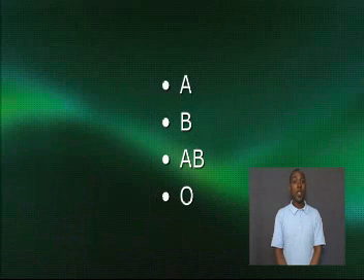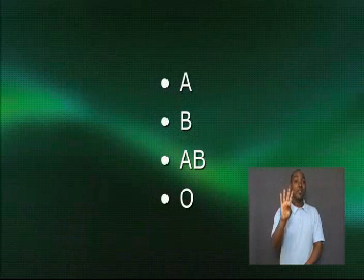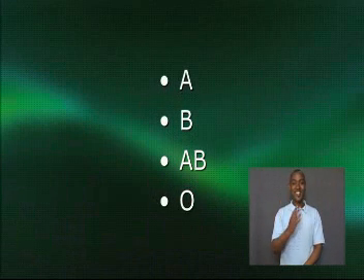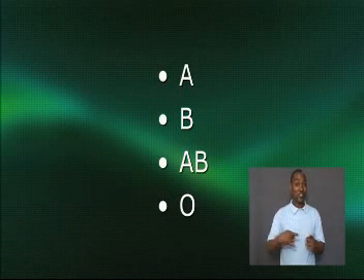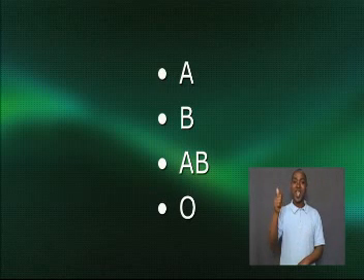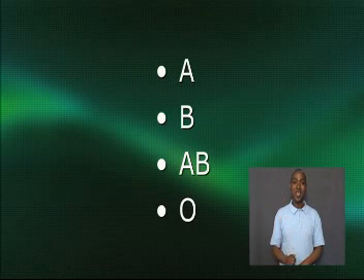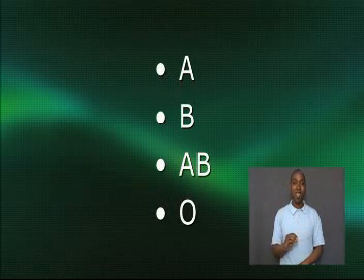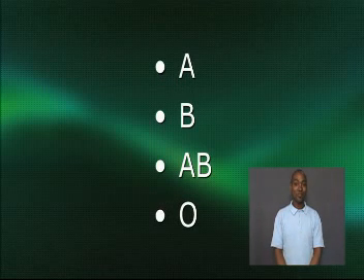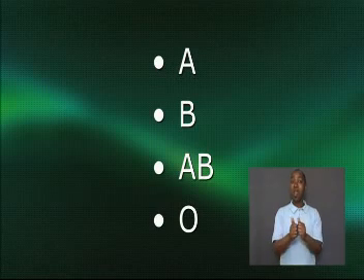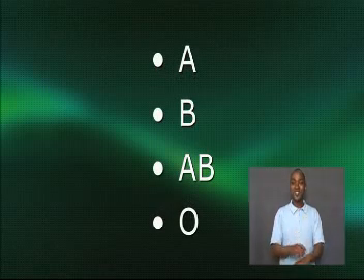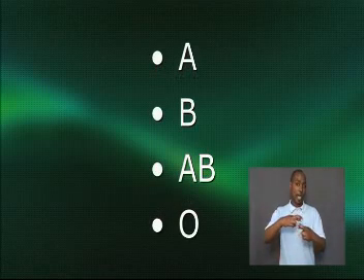There are 4 types of human blood groups in the ABO system: A, B, AB, and O. If different types of blood are mixed together, there may be a reaction between them.